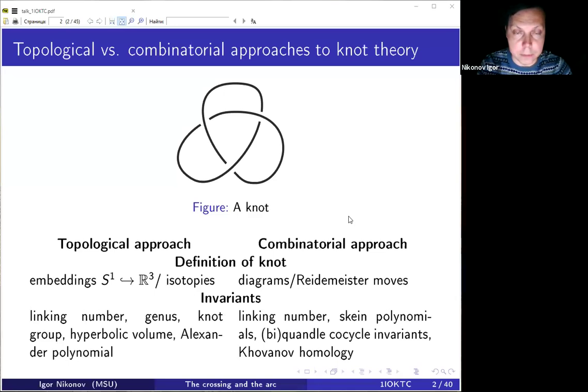On the other hand, we have many invariants which are defined combinatorially. For example, the linking number, one of the simplest invariants of links, and one of homology. The original construction was purely combinatorial. So the aim of my talk is to establish one connection between these two approaches.